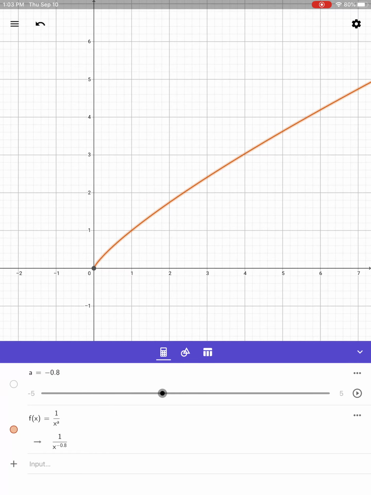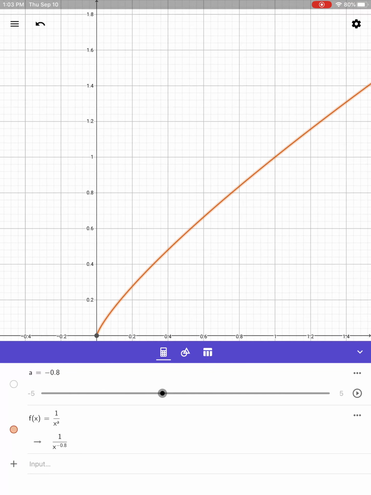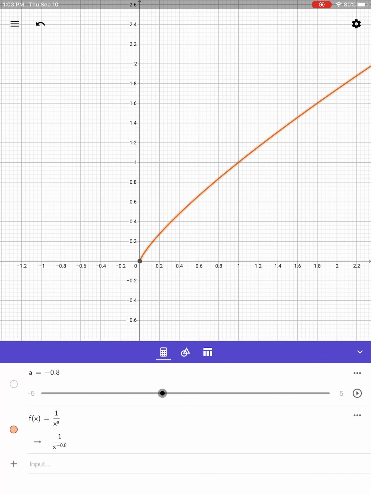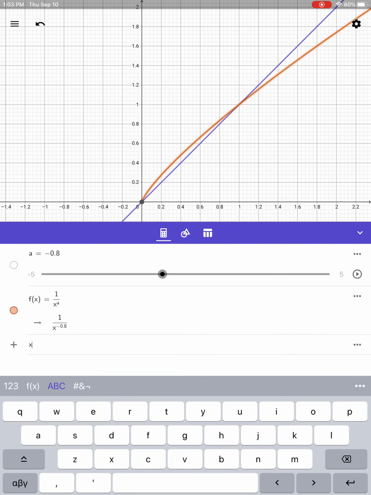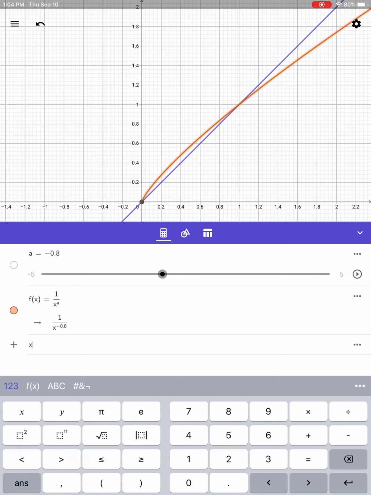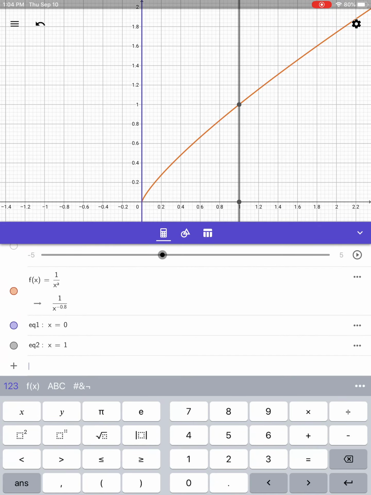But the second rule is talking about specifically from 0 to 1. I'm just going to put some vertical lines in here so that you can see the area I'm trying to emphasize when I talk about this. x equals 0, x equals 1.